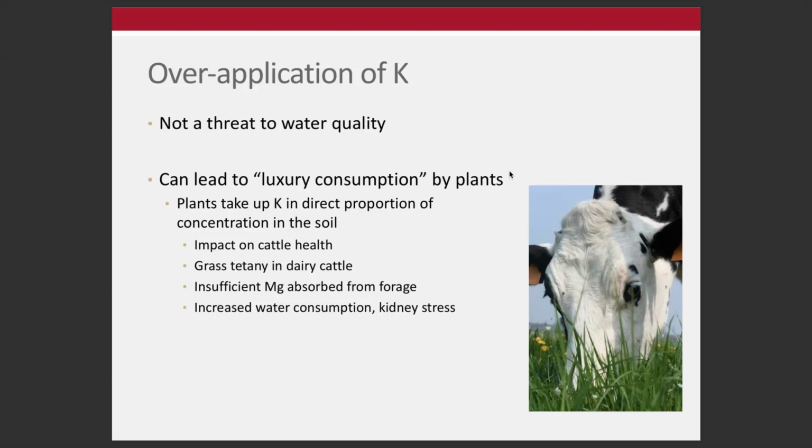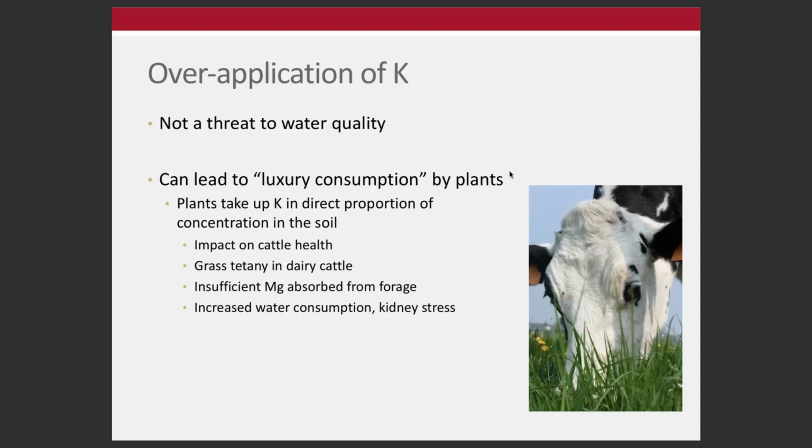But there can be, particularly in ruminants, luxury consumption by plants. That is, plants take up more nutrient than they actually need to complete their function, and that can have very real and serious consequences in cattle. And so, if you're grazing, you're very sensitive to the idea of grass tetany.